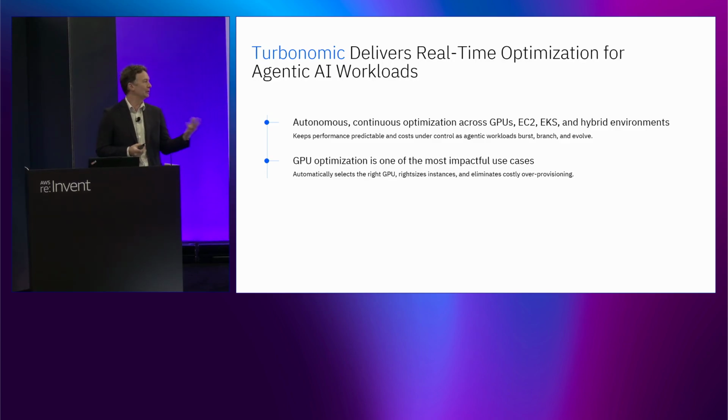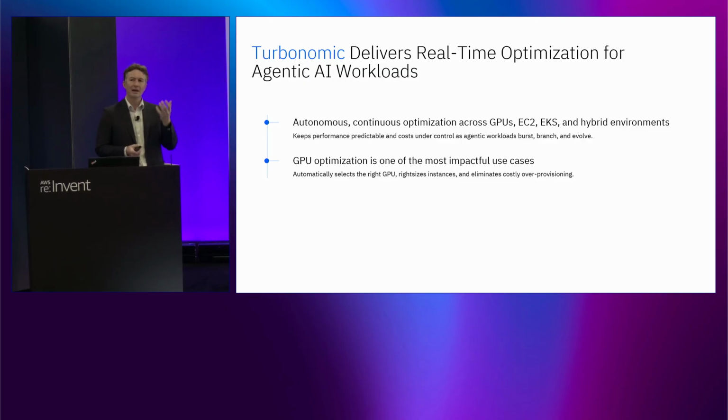And as I mentioned, GPU optimization is one of the most impactful use cases that can help with agentic AI, given how much of the resources come from there. So as you see peaks come in where more of the resources are needed, we will right-size them and bring in additional GPU instances if required, and leave them there.